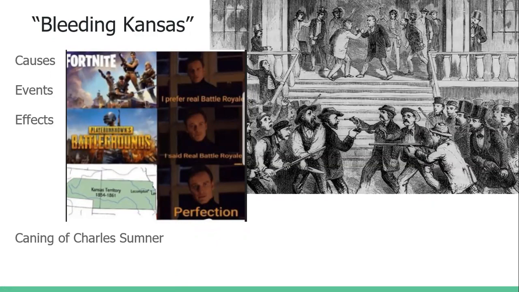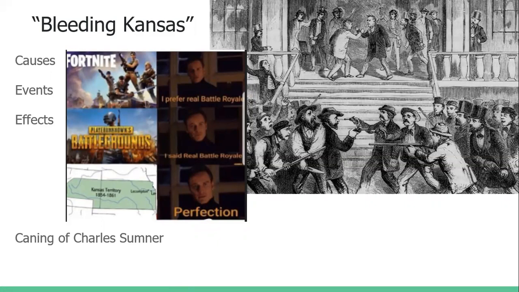This right here, Bleeding Kansas, is a direct result of the Kansas-Nebraska Act, because we're going to see what popular sovereignty, people getting to vote on whether they're going to be free or slave states, is going to do.